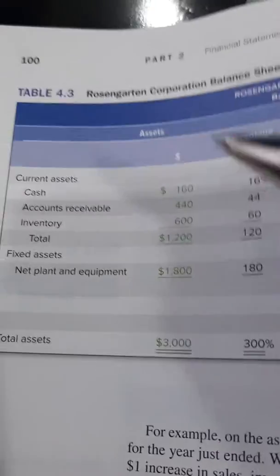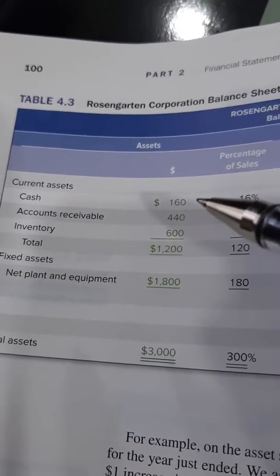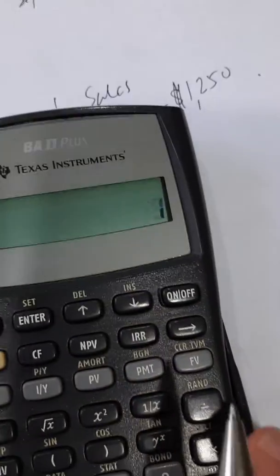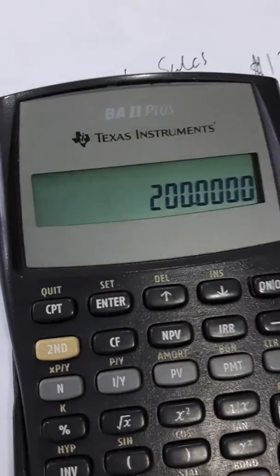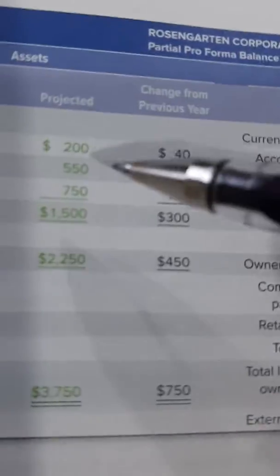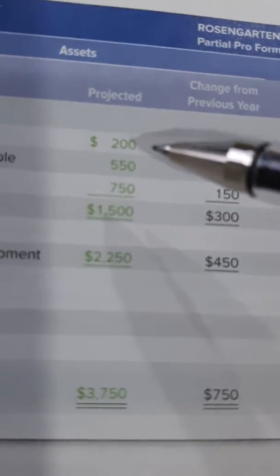Cash is originally 160, so 160 multiplied by 1.25 gives a new level of cash of 200. That's how we get this figure of 200.